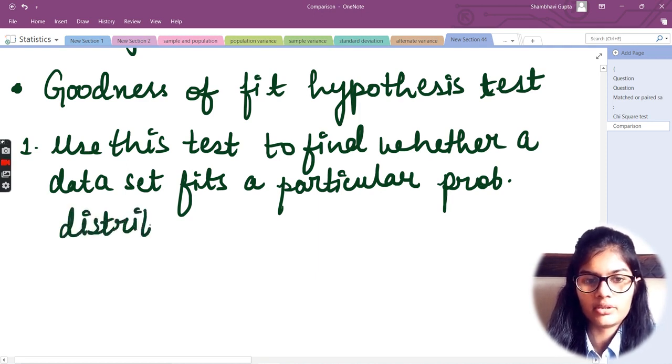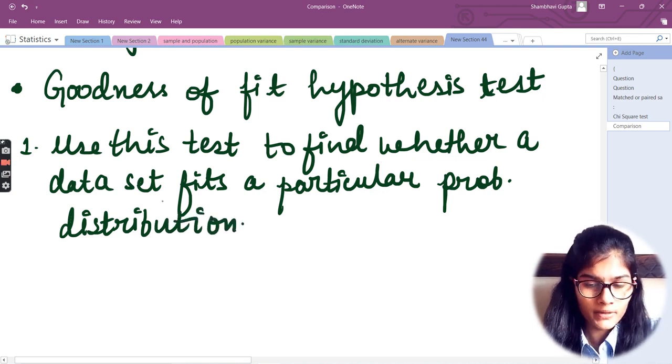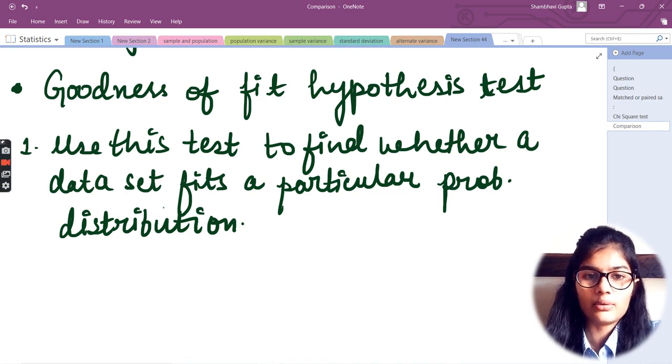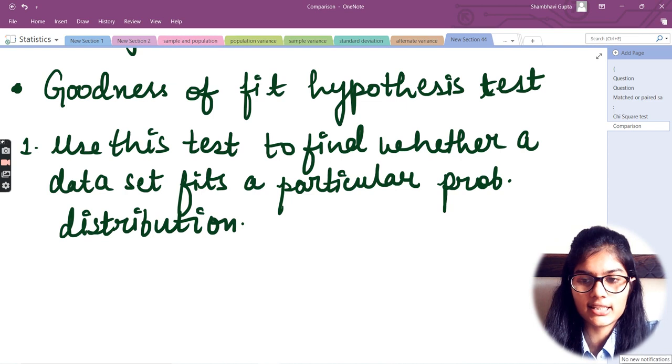Okay, right. So this is what the goodness of fit hypothesis test is used for. It's basically used for checking whether a data set fits a particular probability distribution or not. This is what it is used for, right?